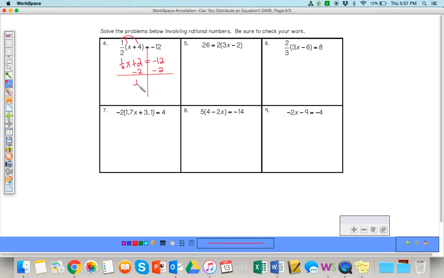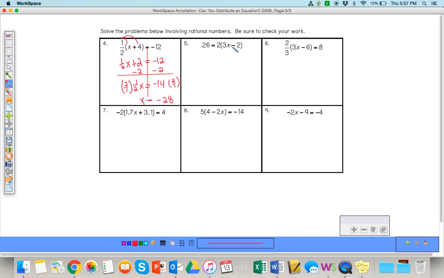We get 1/2 x equals -14. We multiply by the reciprocal on both sides, and we get x equals -28. Okay?